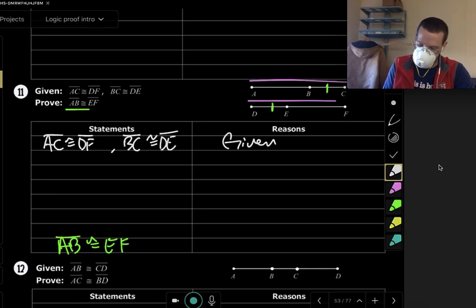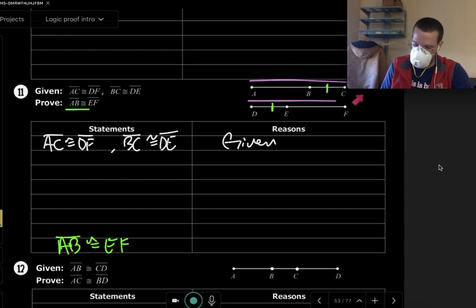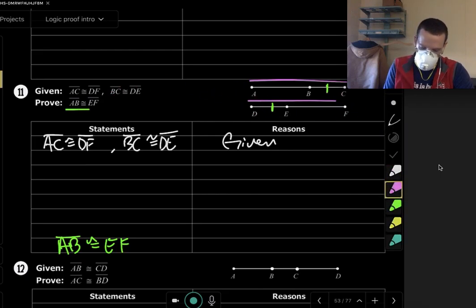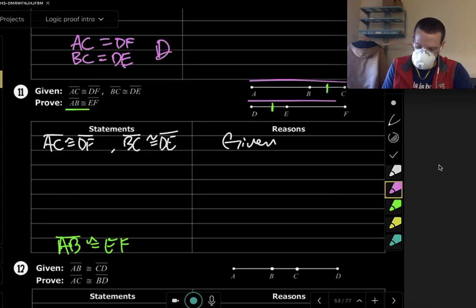So let me just have a quick discussion. If you notice here, we don't have a midpoint, so we're not going to be using a midpoint. We have segments, and we have segments, right? So I'm probably going to have to use segment addition to turn the segments into numbers. And so that means I'm probably going to have to use the definition of congruence.